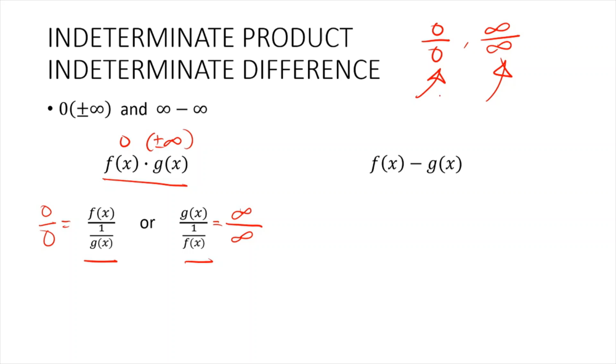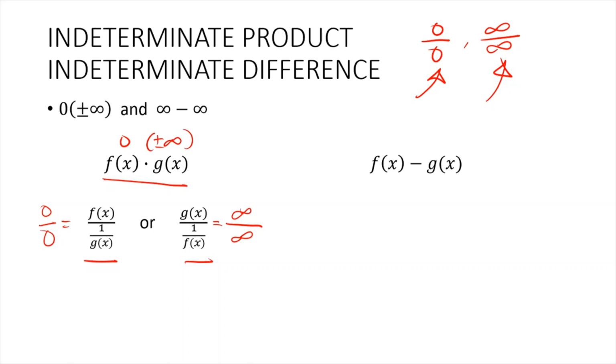And in order to do that, we can apply some algebraic techniques like taking the LCD, combining the two using LCD. Or if trigonometric functions are involved, then we can apply trigonometric identities and then again apply LCD, combine the two expressions using LCD, so on and so forth. Okay, you will either arrive at 0 over 0 or infinity over infinity, and then that's the time you apply L'Hopital's rule.